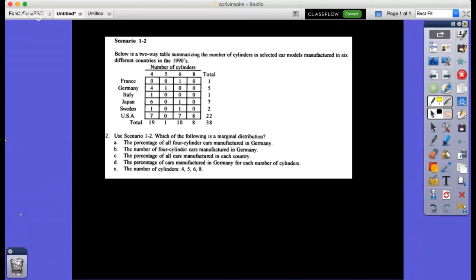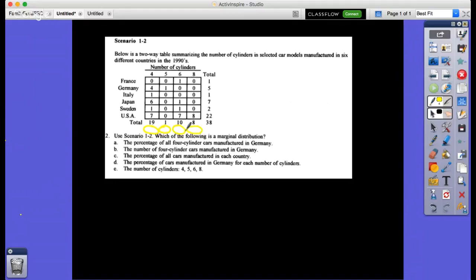So it says the percentage of all 4-cylinder cars manufactured in Germany, right? If I were to do that, wouldn't we put, and I'll actually use my pen on this, we were finding the percentage of all 4-cylinder cars manufactured, right? Wouldn't we put that probability right down here?